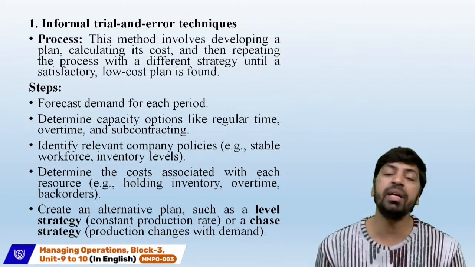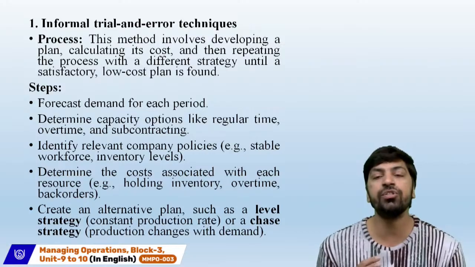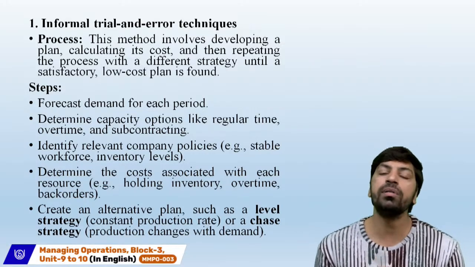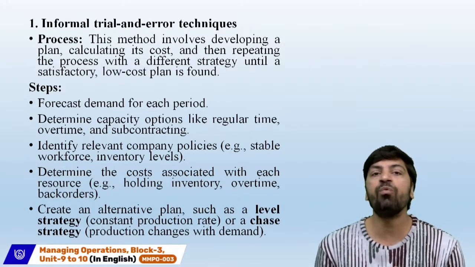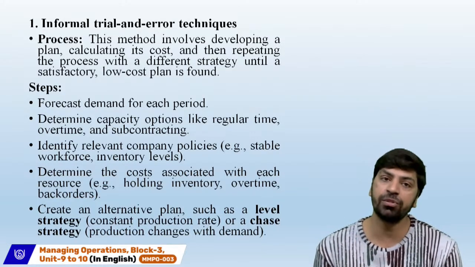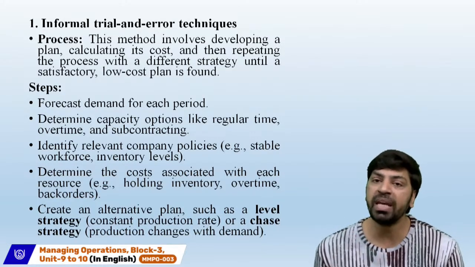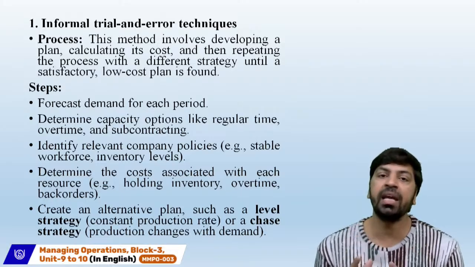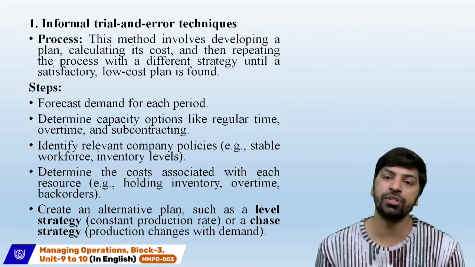So the ultimate aim of this technique is to figure out a low cost plan, and accordingly whatever process has to be followed could be done to achieve the low cost plan.